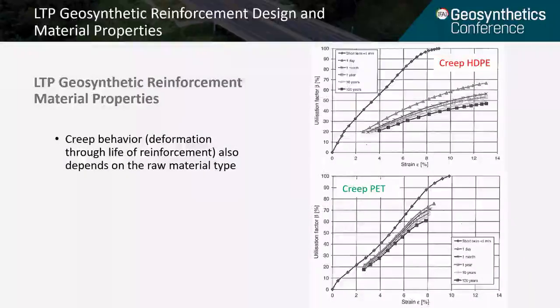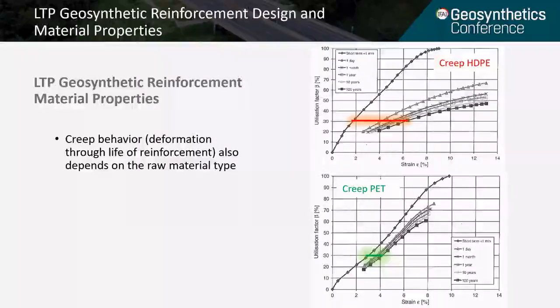Creep, which is the accumulation of deformation of the reinforcement under constant load, is also a very important characteristic of the geosynthetic and must be considered during design and included in the material specifications. These graphics show the typical curves for accumulated strain through time for high-density polyethylene and polyester materials.